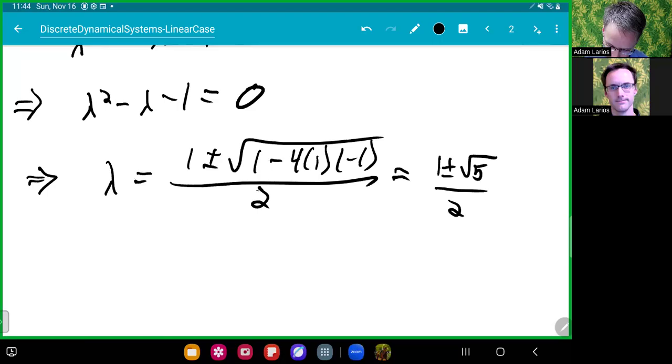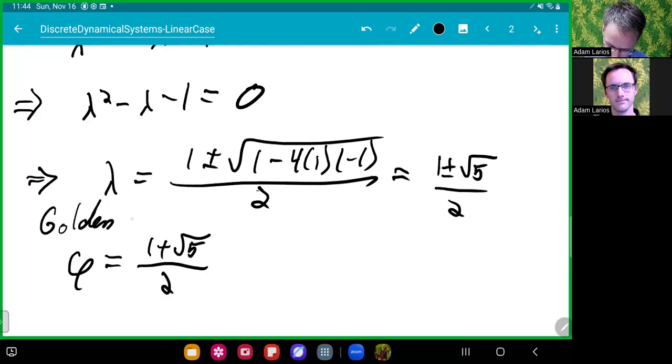Right? These two numbers are very famous, especially the one with the plus sign. This is the so-called golden ratio. It's often denoted with the symbol phi. Its brother or sister or cousin or whatever is the one with the minus, and it's often denoted by phi bar.